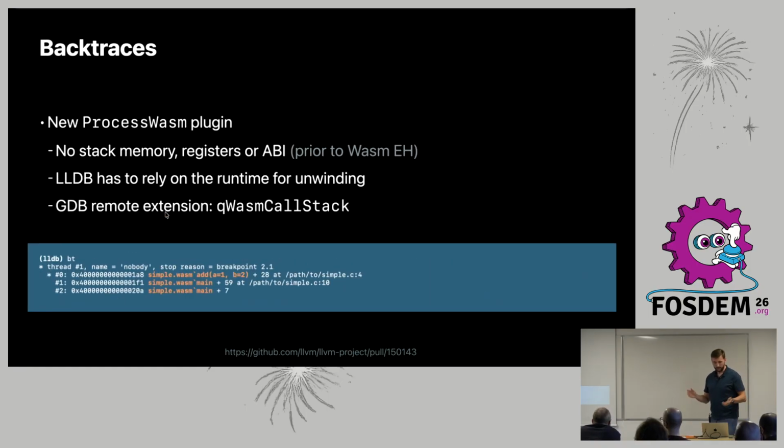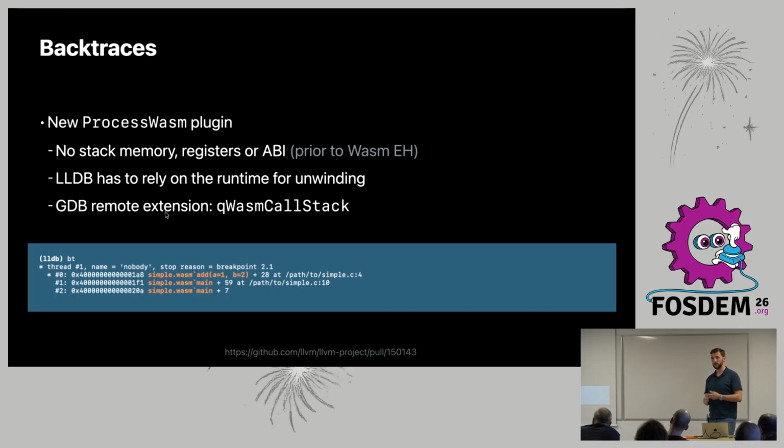Now we have a symbol table, we can set breakpoints, we can run to them. The next thing you want to do is be able to see where you are. So for that, you do the bt command. Normally, LLDB would examine the frame pointer register and then walk the stack. But unwinding depends on concepts such as registers and an ABI-defined stack layout, and these things just don't exist in WebAssembly.